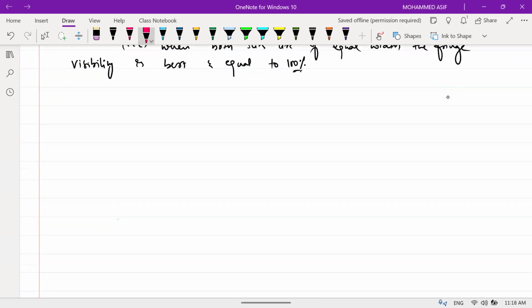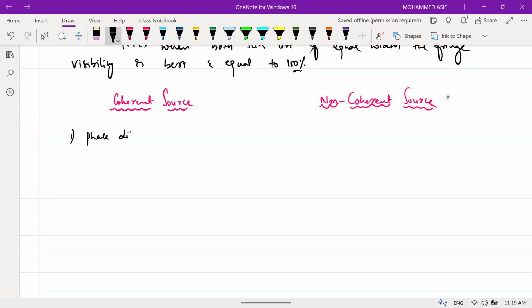Clear? Let us try to define two more terms here. You have already studied them in intermediate. One is known as coherent source, another is known as non-coherent source. Coherent source means phase difference is constant. Here, phase difference is not constant.